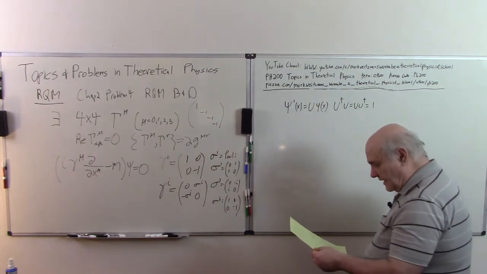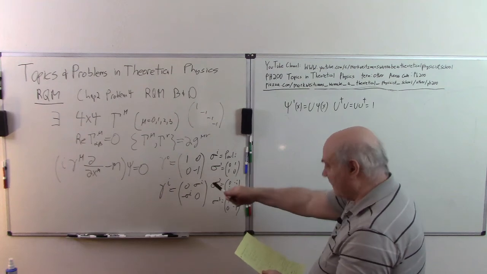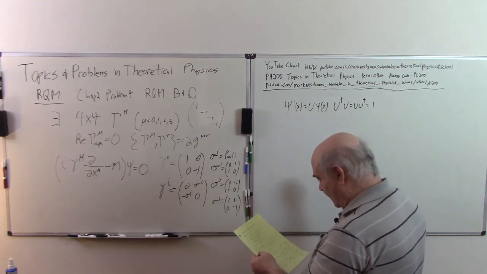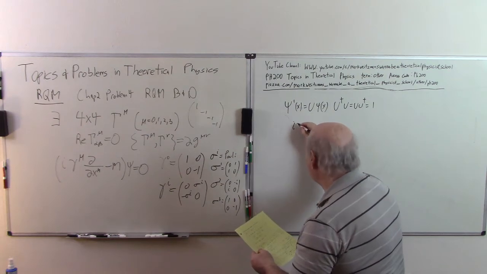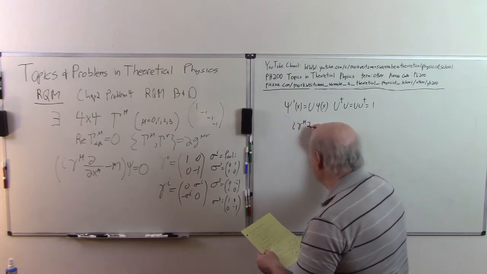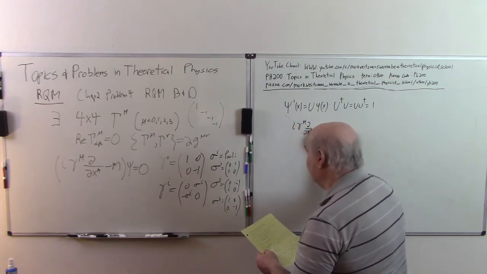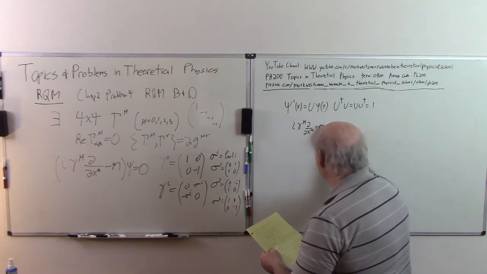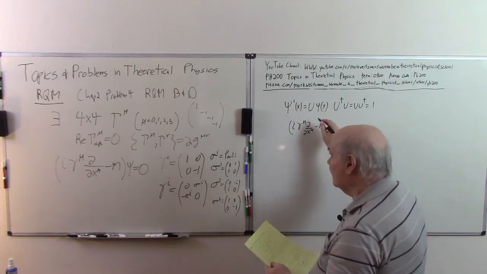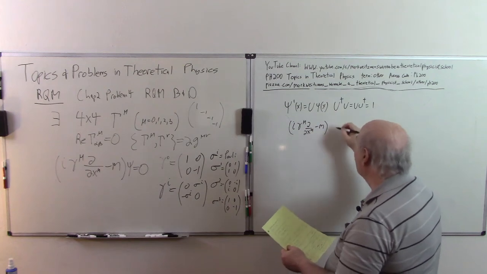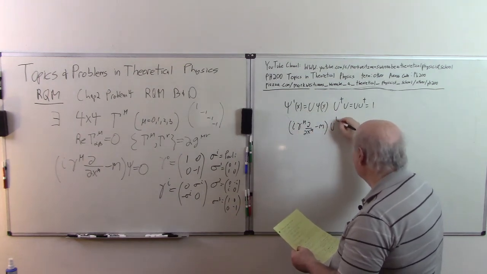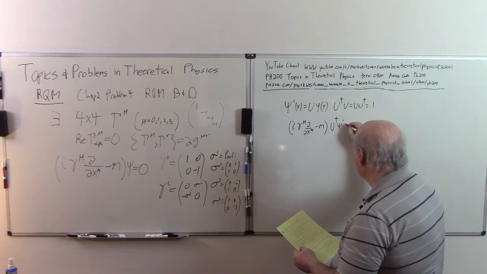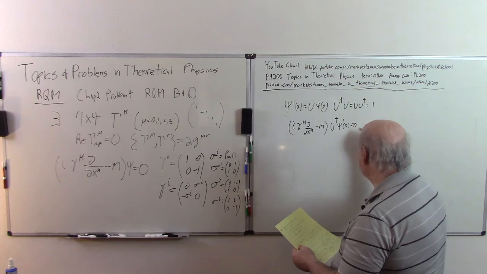If we substitute into the Dirac equation, we get very simply (iγ^μ ∂/∂x^μ − m) U† ψ'(x) equals 0.